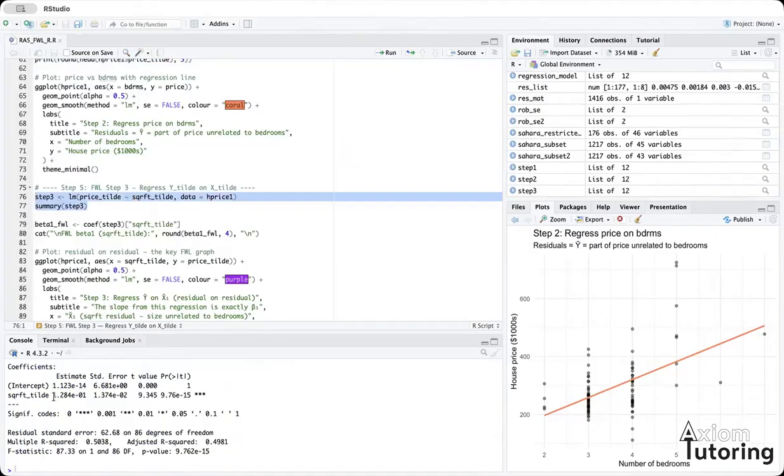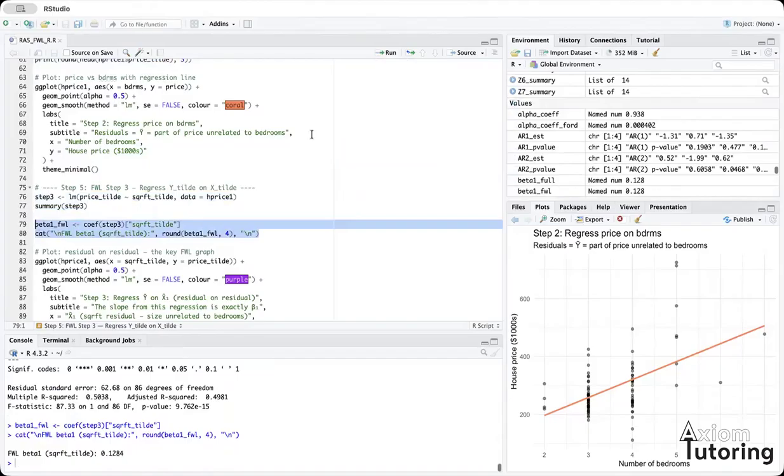And as you can see here, this is a very, very small number that we're seeing. We can compare and actually fetch this coefficient even more clearly here. So it is exactly the 0.1284 that we had found in the previous one.